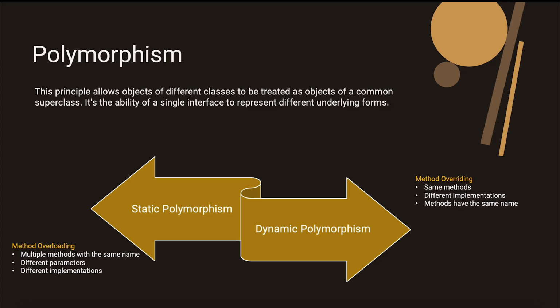And as we talked about earlier, the method in the parent class would need to be either a virtual method or an override method to be able to be overridden or further overridden for dynamic polymorphism to happen.